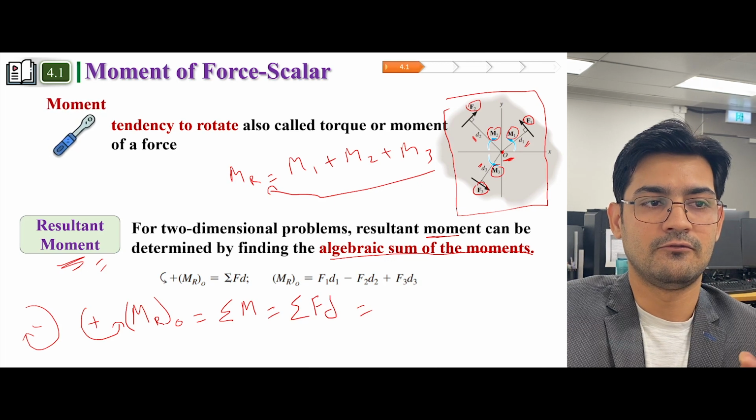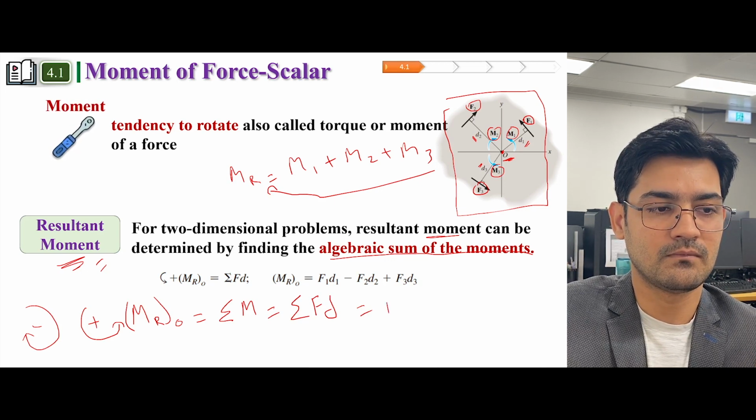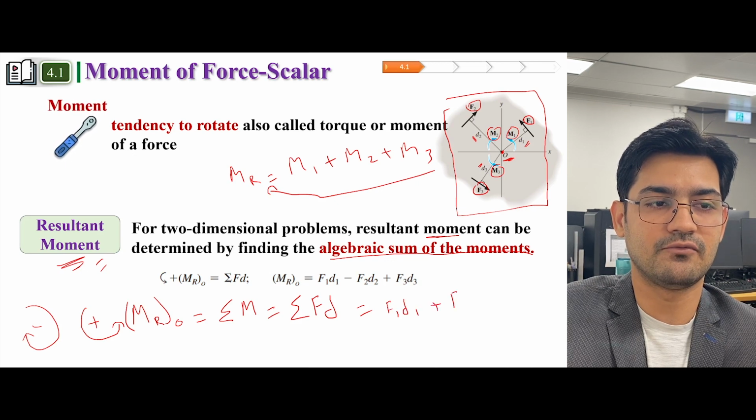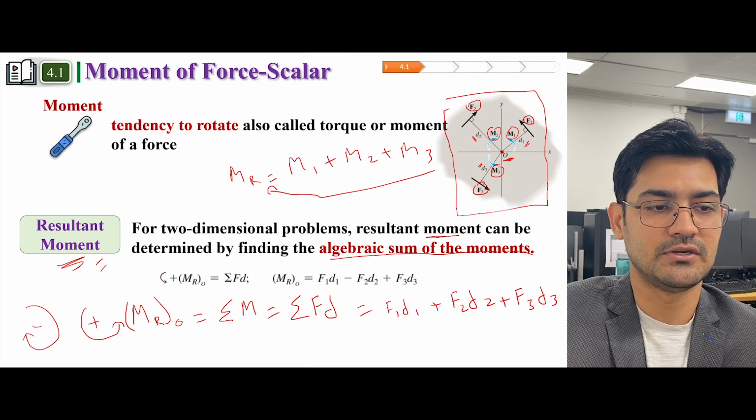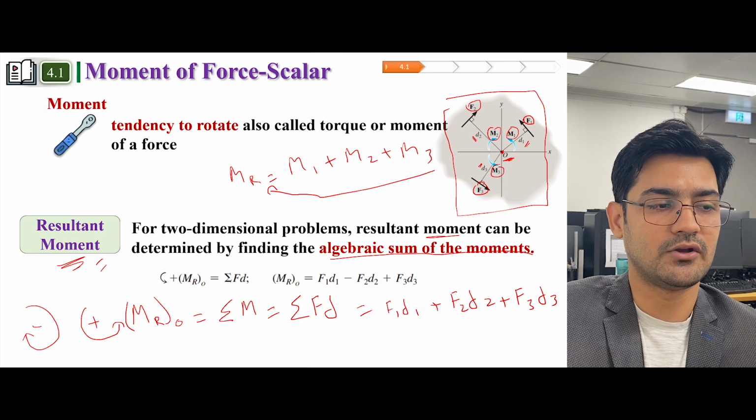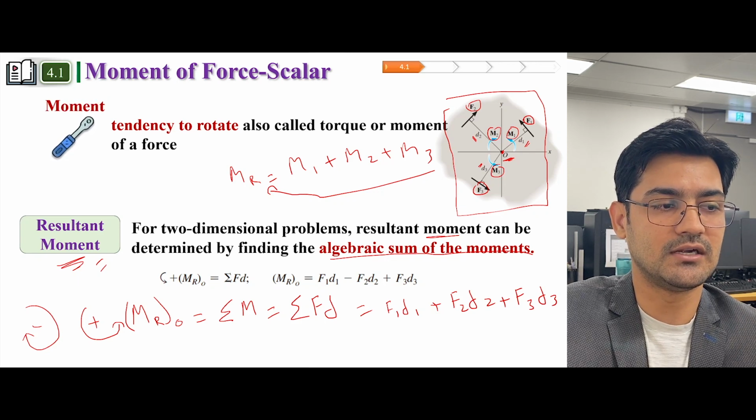We have force 1, and force 1 has a perpendicular distance d1. We have force 2, it has perpendicular distance d2. We have force 3, it has perpendicular distance d3. So that's how you can calculate the resultant moment.